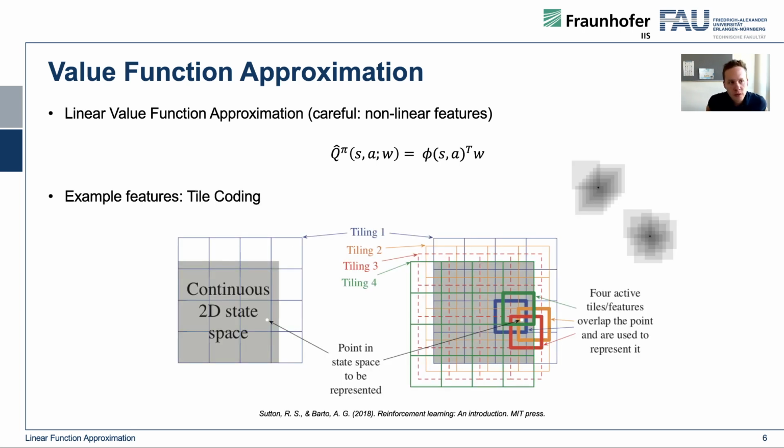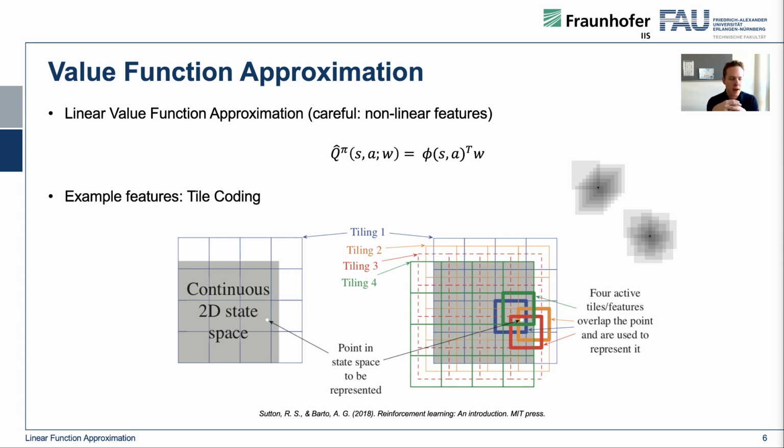Also very often used in practice in reinforcement learning is the idea of tile coding. In tile coding, imagine that you have the grid world that we visited a lot in the previous lectures. There we had a discrete grid where we had different states just described by their cells.